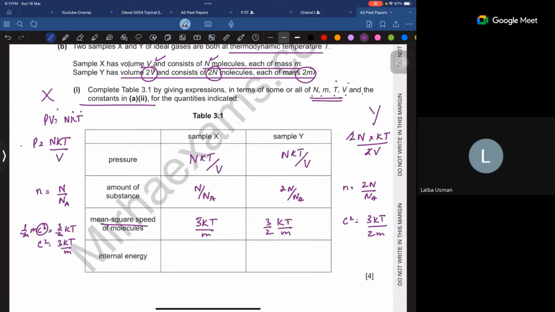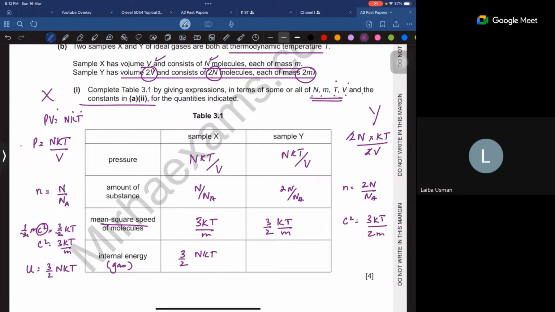Then comes the internal energy. Internal energy is 3 by 2 nkT, because this is internal energy of gas, right? They haven't said anything else, so please remember this. For X, it's going to be 3 by 2 nkT, but that's fine.